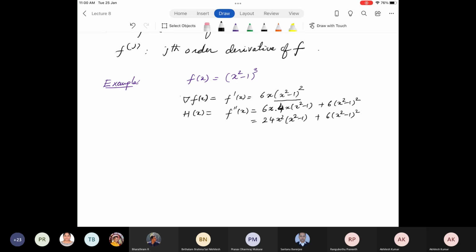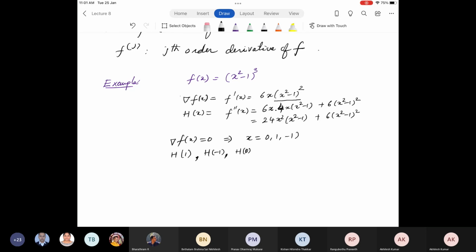Now, if we equate del f(x) equal to 0, what are the points we will get? So 0, 1, minus 1. Now see which one of these is satisfying the second order necessary condition.